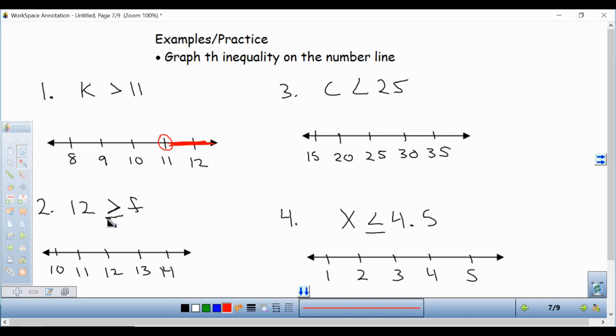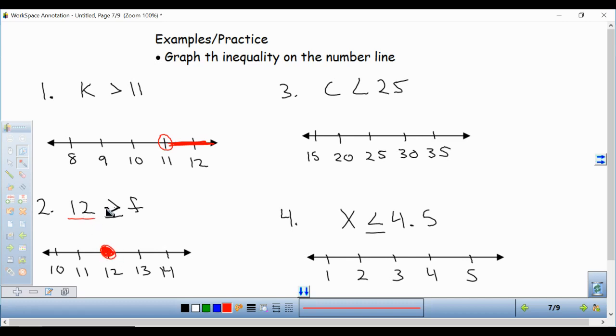Number 2, 12 is greater than or equal to f. So I'm going to find 12 on the number line, and I'm going to circle 12. 12 is greater than or equal to f. Can f be 12? Well, if it's greater than or equal to, yes. So therefore, it is a shaded circle.